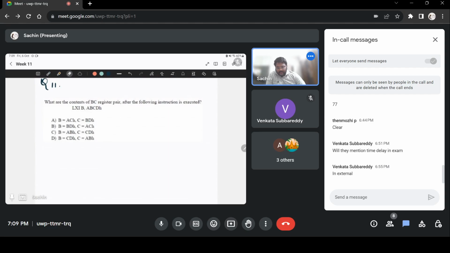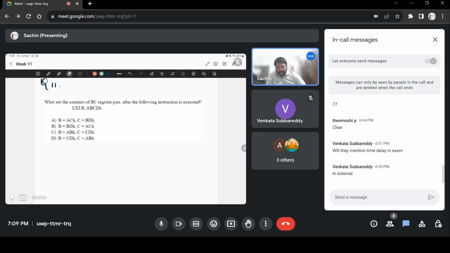Let's see. LXI is load extended immediate. So it will place the number that is given, ABCDH, into the register pair BC. Instead of saying BC, you just say B, and it is automatically understood that the register pair is BC.